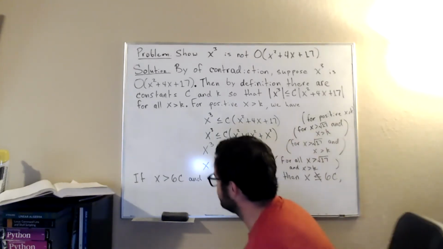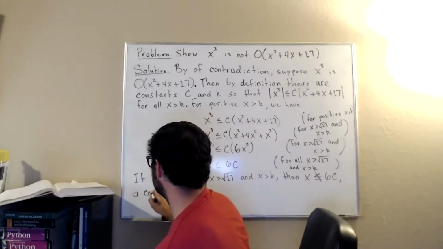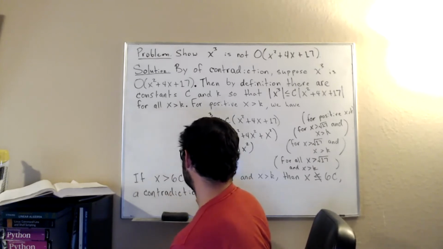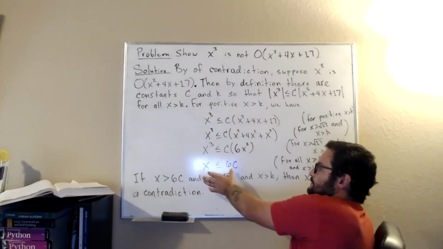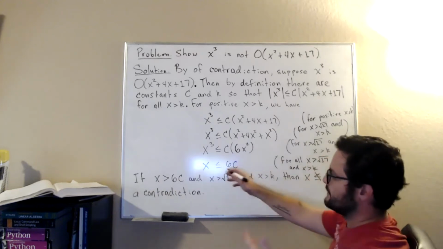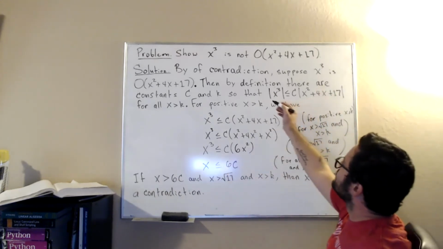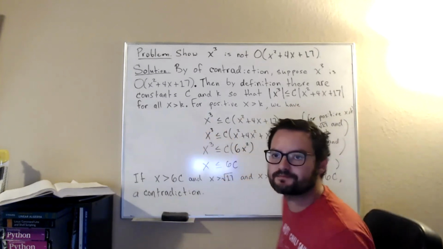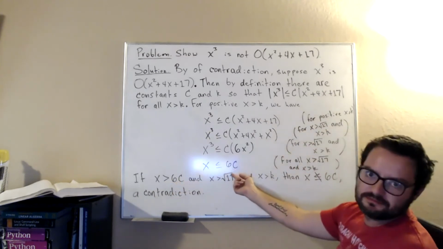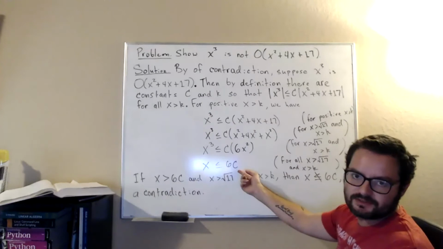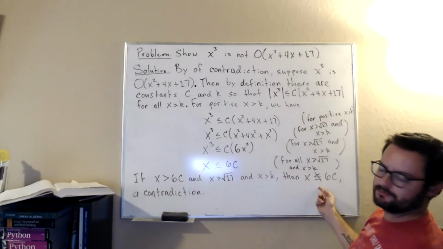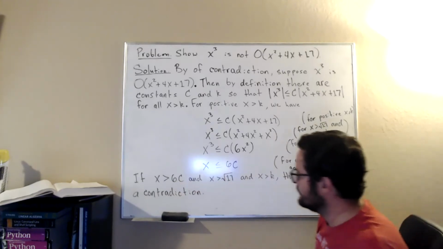A contradiction. Because this is supposed to hold for all x greater than root 17 and greater than k, right? For every single x that has to hold, because this inequality has to hold for all x. So if x happens to also be greater than 6c, because c is a constant, right? Then if x is greater than that, this inequality doesn't hold. That's a contradiction.